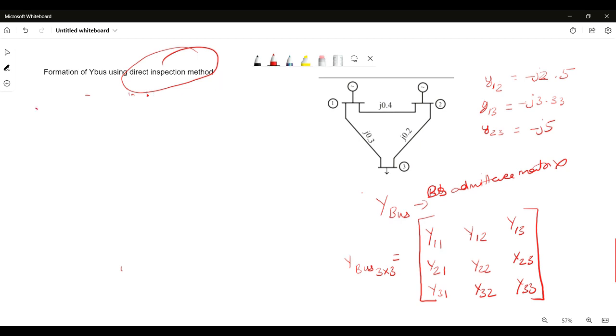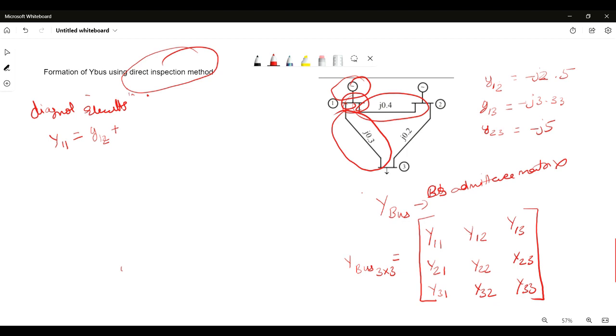First, we calculate the diagonal elements. For Y11, which branches are connected to the first bus? One is Y12 and another is Y13. So Y11 is equal to Y12 plus Y13.